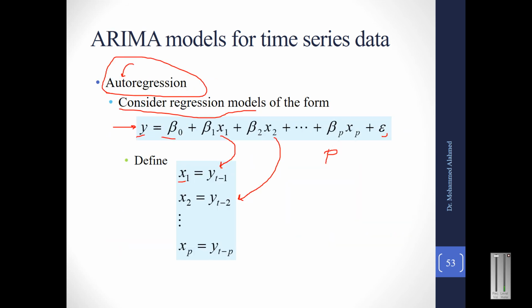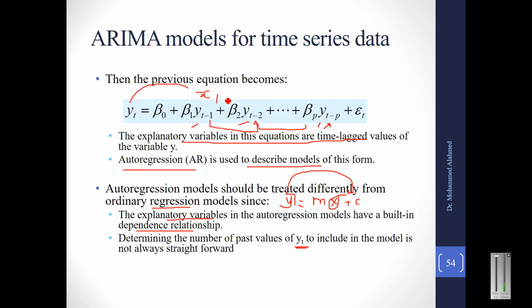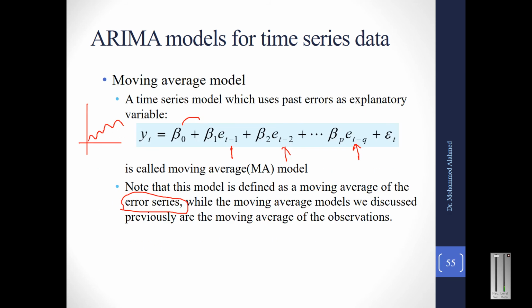In case of AR, we are dealing with the series itself, yt minus 2, up to yt minus p. In case of MA, the moving average, we are considering the error of the previous series. et minus 1 represents the error which we obtained in the previous lagged versions.